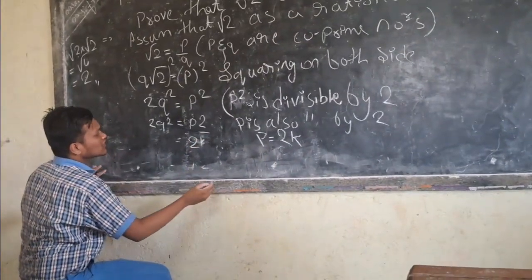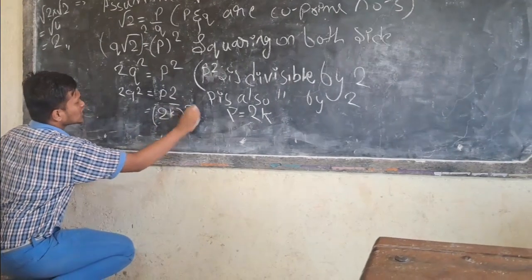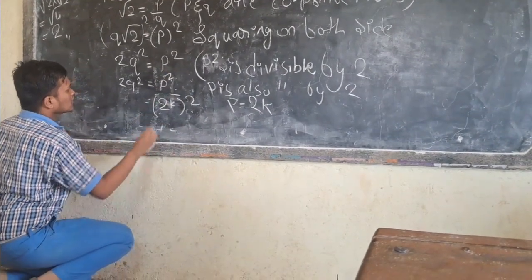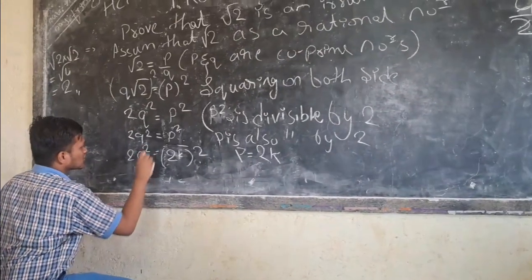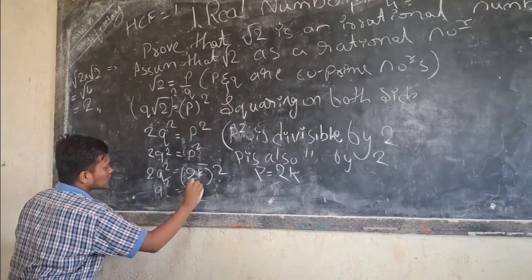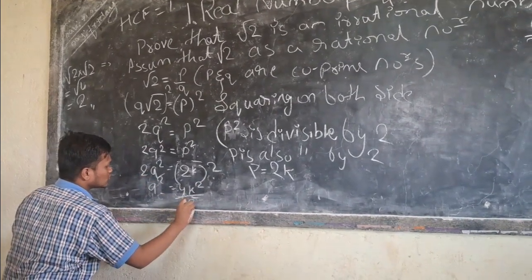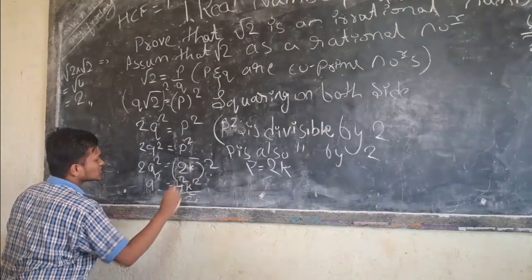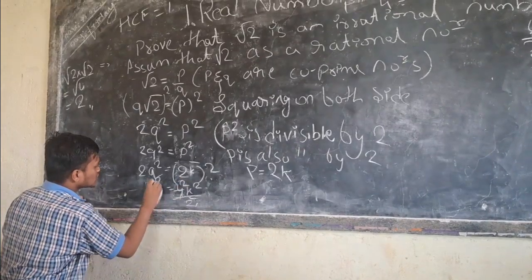The 2k value is substituted for p in p whole square. Then 2q square equals 4k square, divided by 2: 2 twos are 4, so q square is equal to 2k square. Here 2 divides q square.